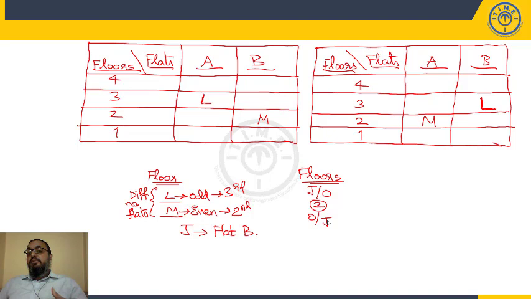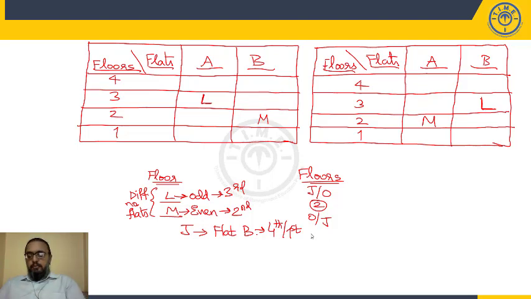But whether J comes on the fourth floor flat B or first floor flat B, we do not know. Are you understanding the point? It can be fourth or first, because you need two floors in between, no? So when you have two floors in between, it has to be first floor or fourth floor. Okay, J and O. So whether it is fourth floor flat B or first floor flat B for J, we do not know.